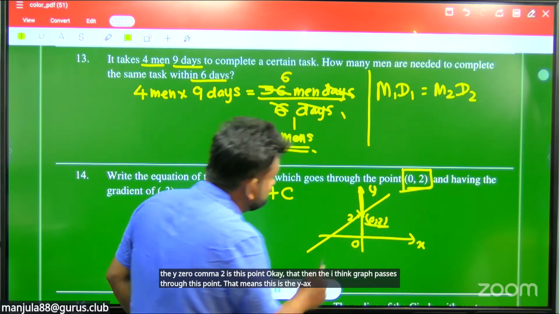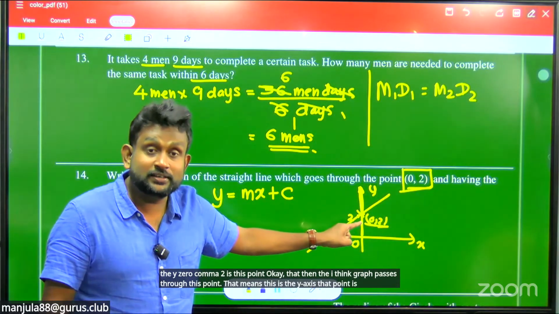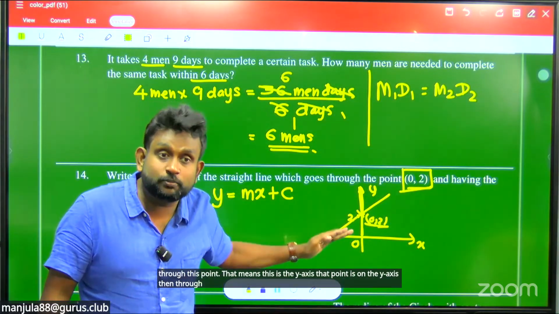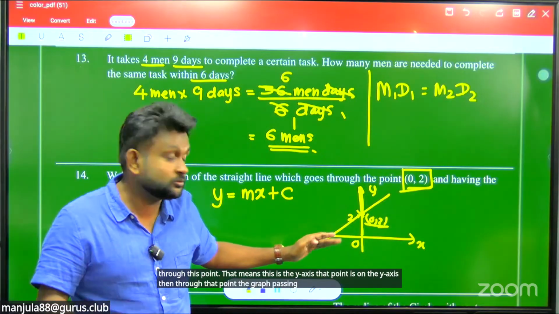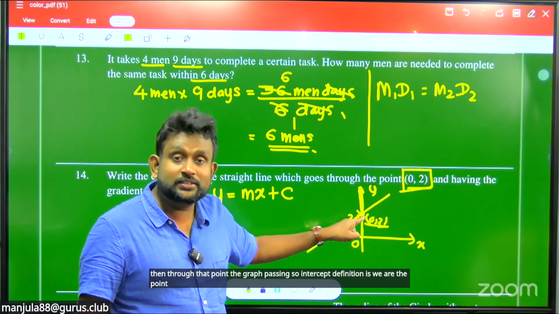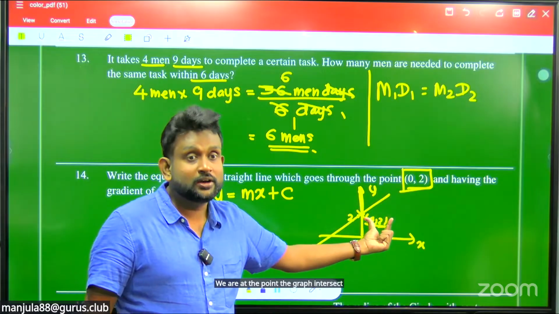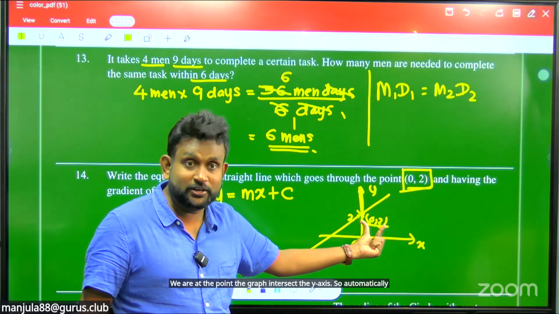That point is on the y-axis, and the graph passes through that point. The intercept definition is the point where the graph intersects the y-axis, so automatically that is the intersecting point on the y-axis.